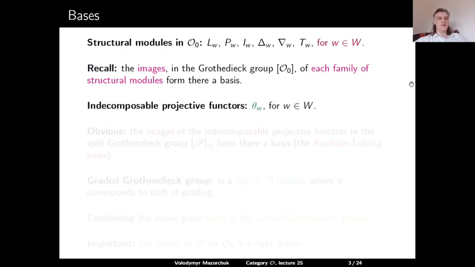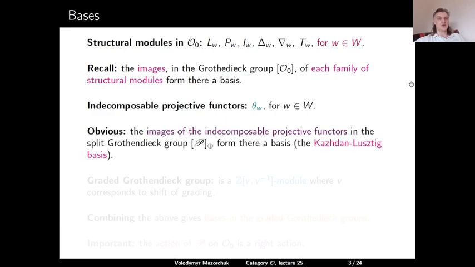Further, we have the indecomposable projective functors theta_w, also indexed by the elements in the Weyl group. And the images of these indecomposable projective functors in the split Grothendieck group of the category P form there a basis. This is the Kazhdan-Lusztig basis of this Grothendieck group.